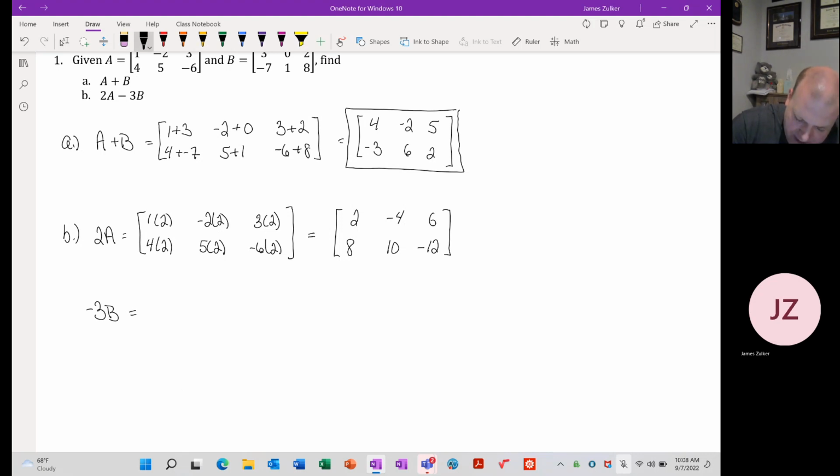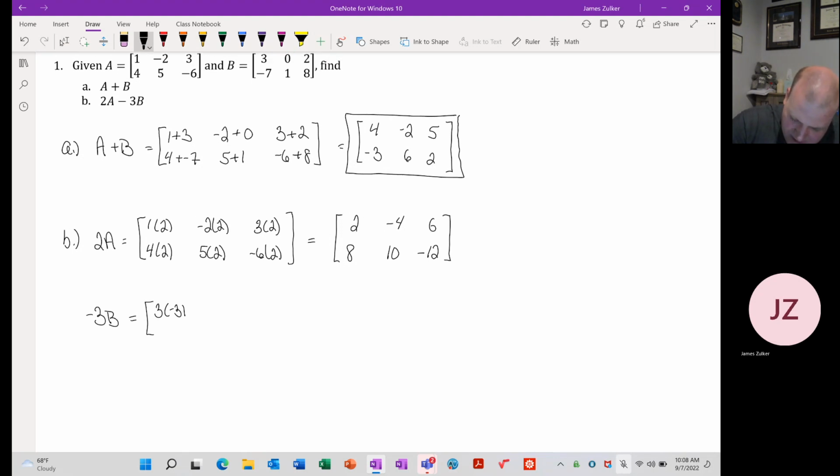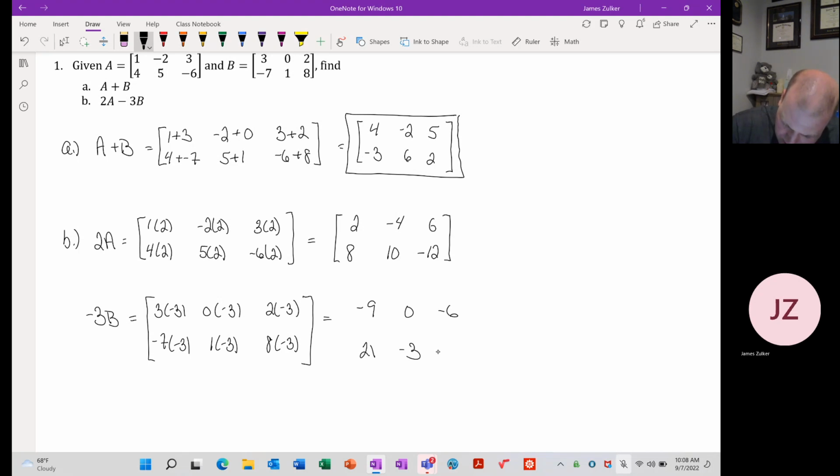So what we're going to do is calculate what negative 3 times b is. And so negative 9, 0, negative 6, 21, negative 3, negative 24.